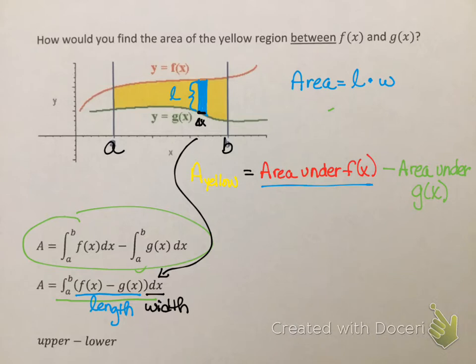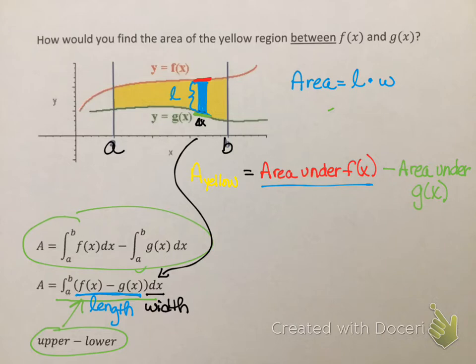Back to the length for a second. F of x minus g of x, right here, its length. Do you see that the upper part of this rectangle, right here, and the lower part of this rectangle right here are a way that I can think of the length?